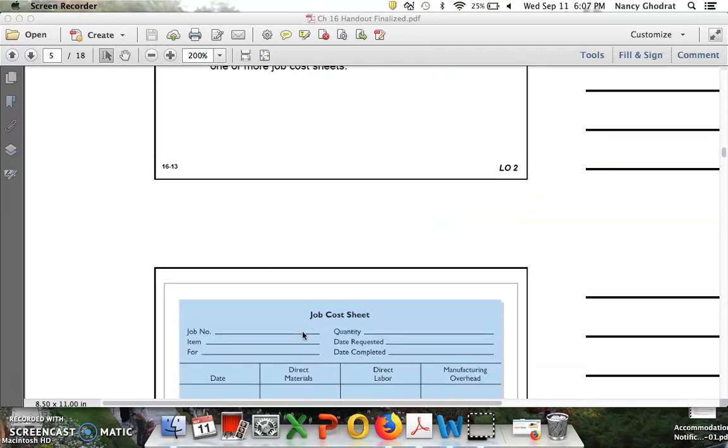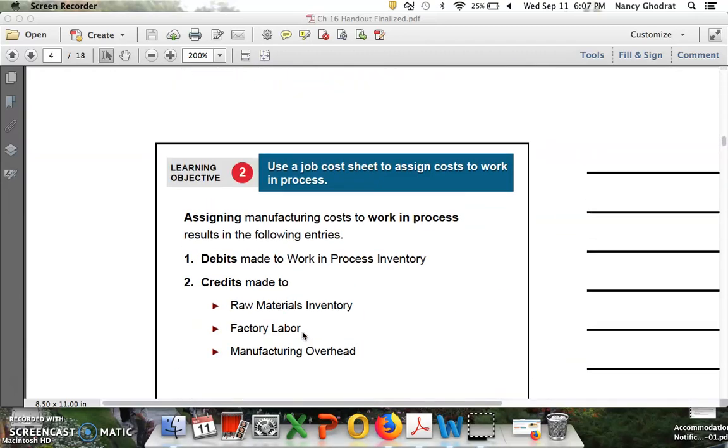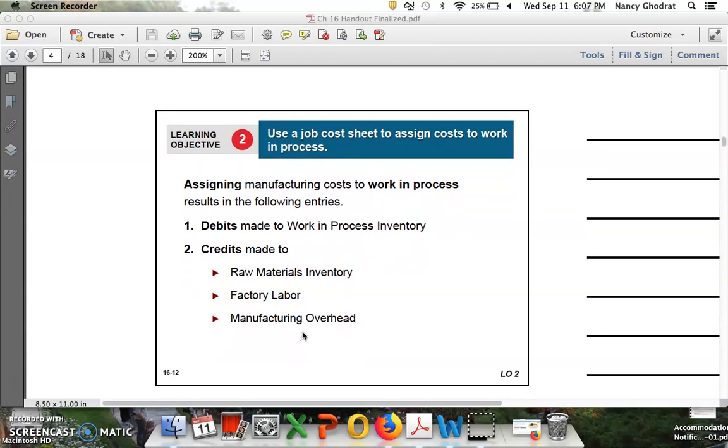Work in process inventory is an asset. In the next video, I'm going to talk about assigning manufacturing cost to work in process in more detail. And then eventually we're going to go over a complete example. Talk to you soon in the next video.